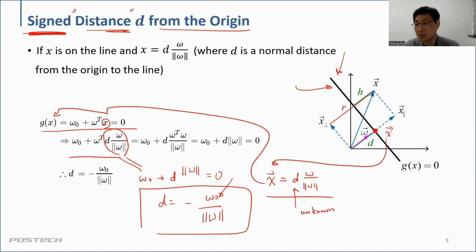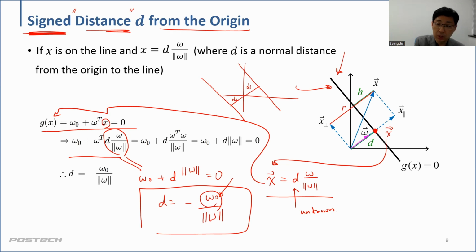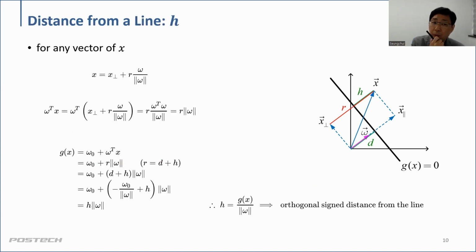If omega naught is negative, then we're going to have a positive distance. This distance and these are going to have different signs. It really depends on omega naught. Okay, so that's how we can compute the distance using that one.